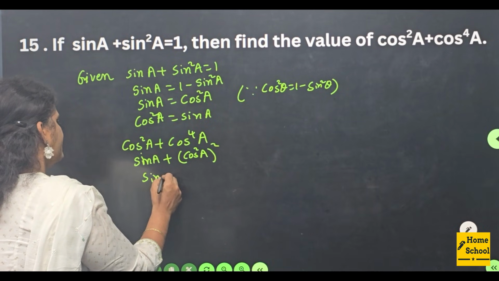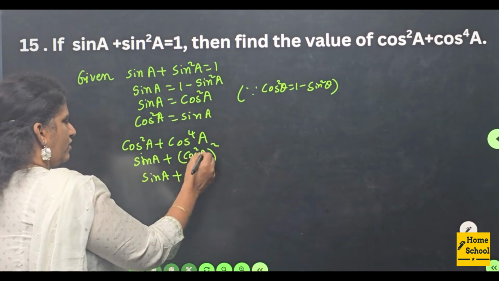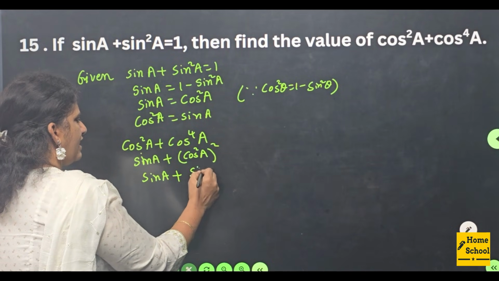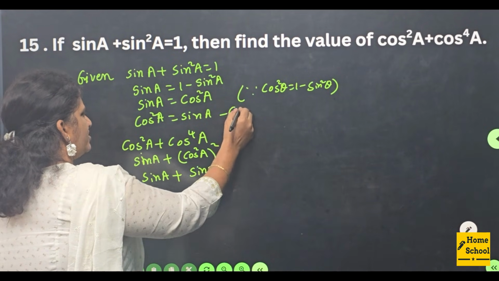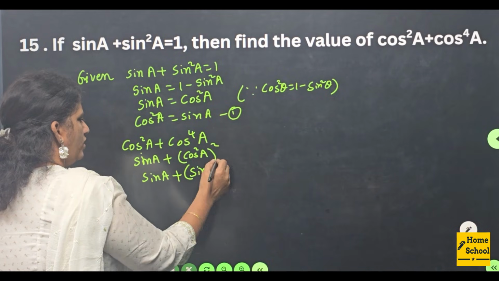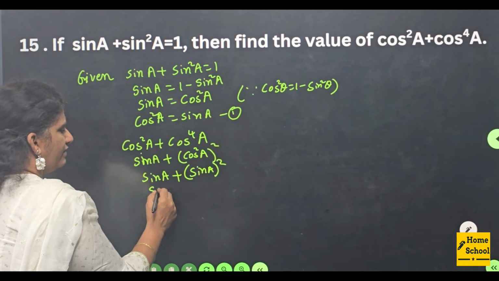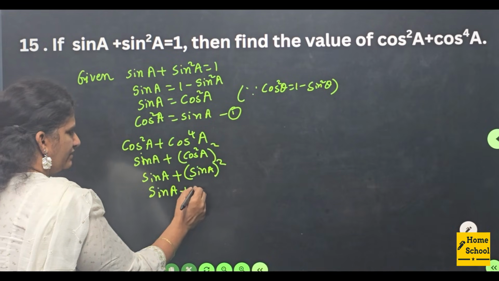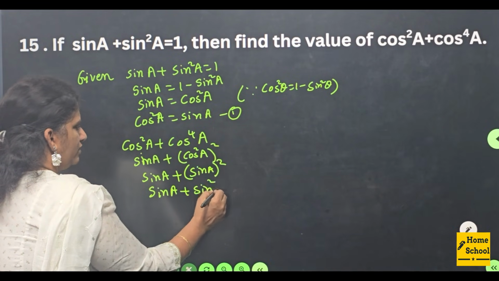Now in my next step I will write sin A plus, cos square A is sin A by equation 1, whole square, that is sin A plus sin square A.